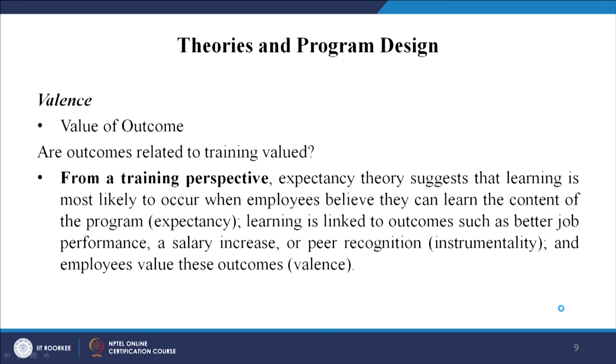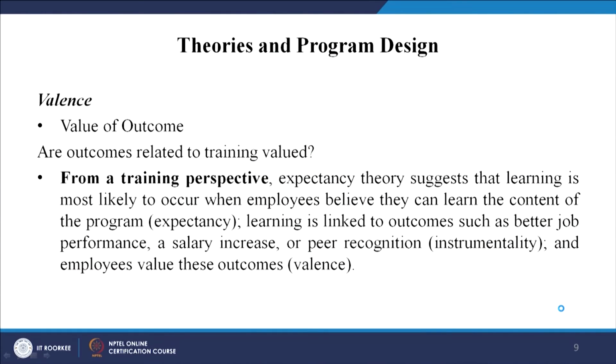From a training perspective, expectancy theory suggests that learning is most likely to occur when employees believe they can learn the content of the program, right. So, their belief is there, they have come with a purpose, they want to learn something, and they believe that yes, they can learn from this particular program.